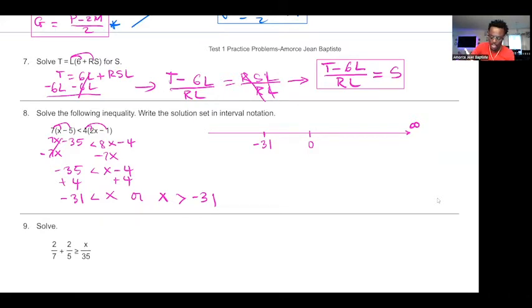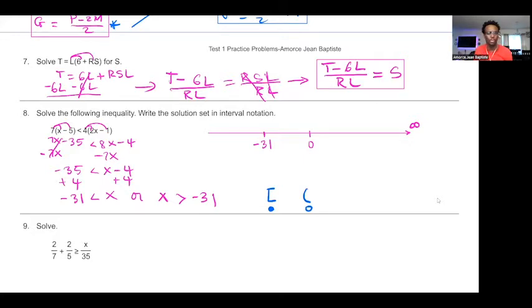So basically, you can use either bracket or closed circle, or parenthesis or open circle. You can use those. I am okay with both of them. There's no pressure on which one you would use.